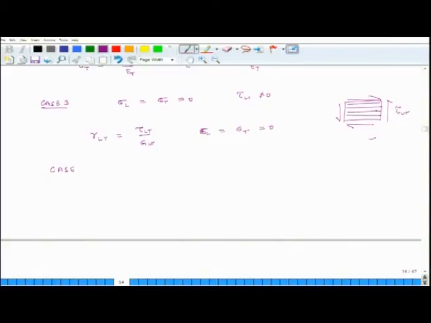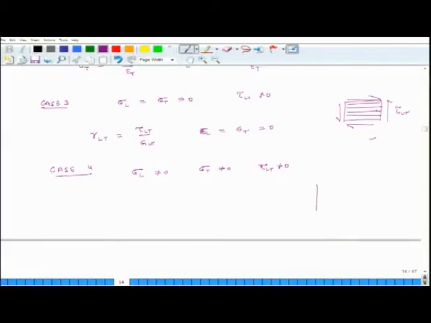Case 4, and what is case 4? All the stresses sigma L, sigma T and tau LT are present. So, sigma L is not equal to 0, sigma T is not equal to 0 and tau LT is not equal to 0.